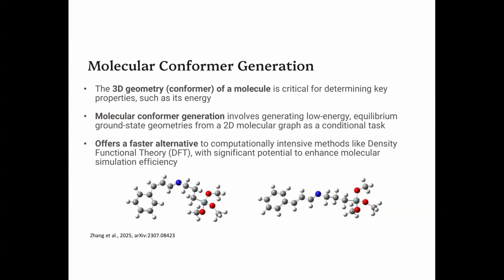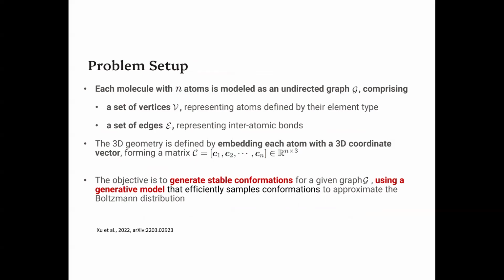The task of molecular conformer generation usually involves generating low-energy equilibrium ground state geometries, having the 2D molecular graph as input, considering, of course, conditional tasks. It offers a faster alternative to computationally intensive methods like DFT, having, of course, a high potential to enhance molecular simulation efficiency.